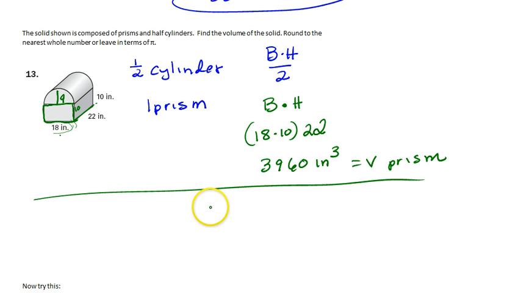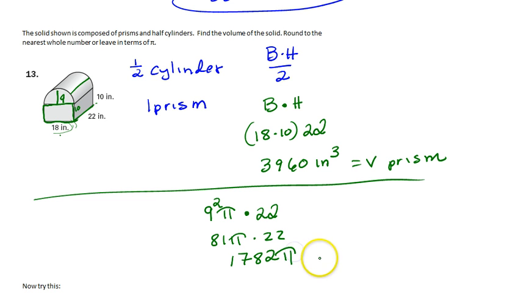So I'm going to take 9 squared pi for the base of my cylinder, and multiply that times the height of my cylinder, which again is measured from base to base, so it's the same here, 22. If I multiply this out, I get 81 pi times 22, or 1,782 pi. And that equals the volume of my cylinder.